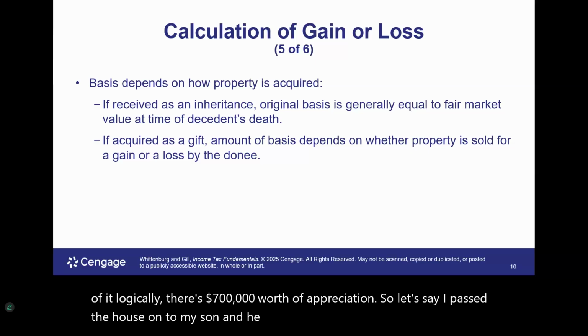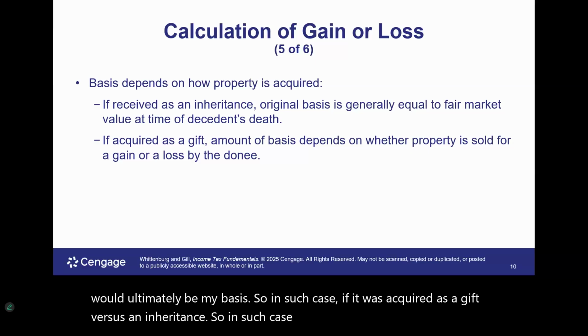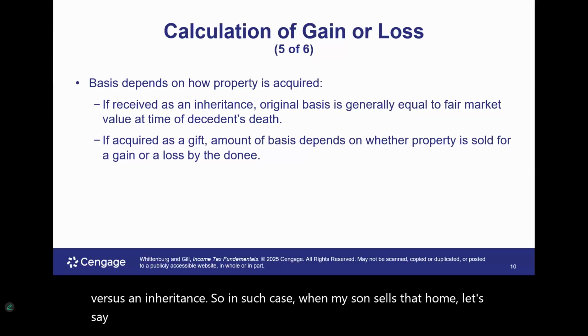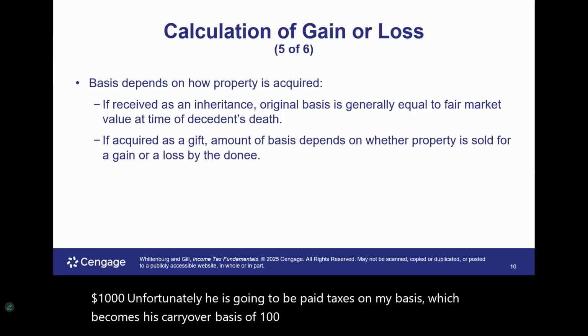In such case, his basis would ultimately be my basis. So when my son sells that home, let's say he sells it for $900,000, unfortunately, he is going to pay taxes based on my basis, which becomes his carryover basis of $100,000, in comparison to the $900,000.